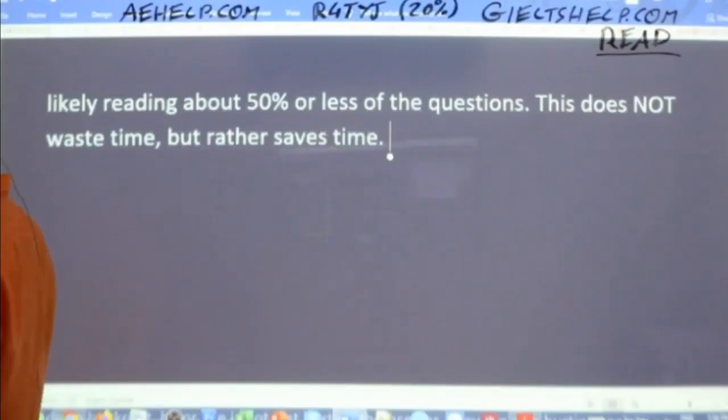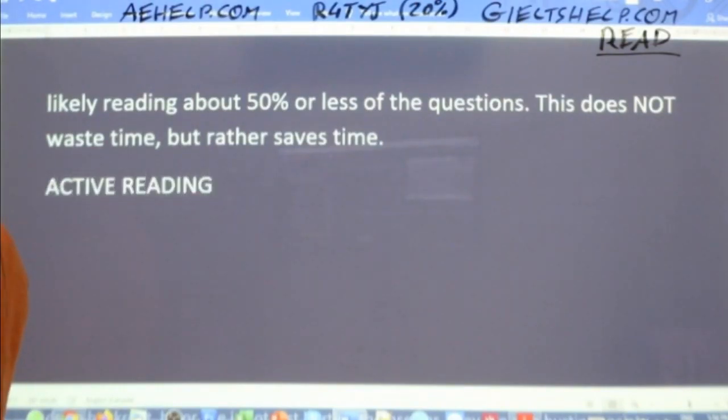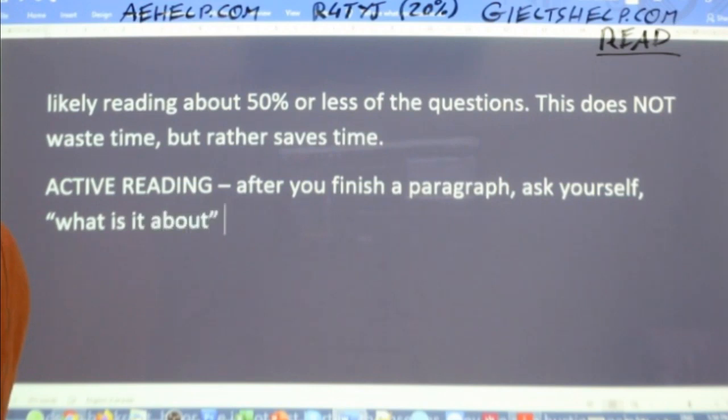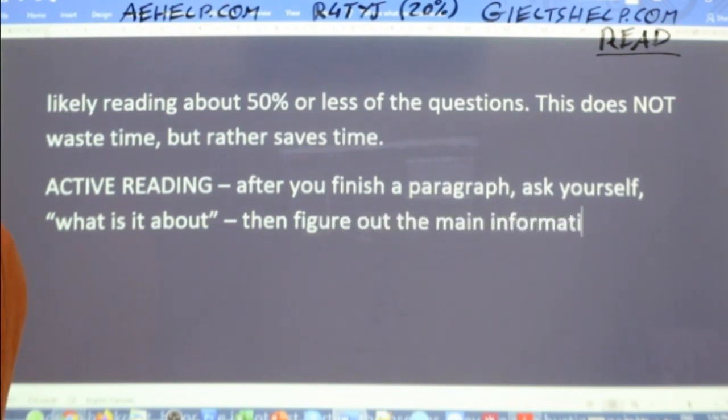So when you're practicing active reading, especially at home, after you finish a paragraph, ask yourself, what is it about? Then figure out the main information. If you can't, that's when you have to stop and start using a dictionary.